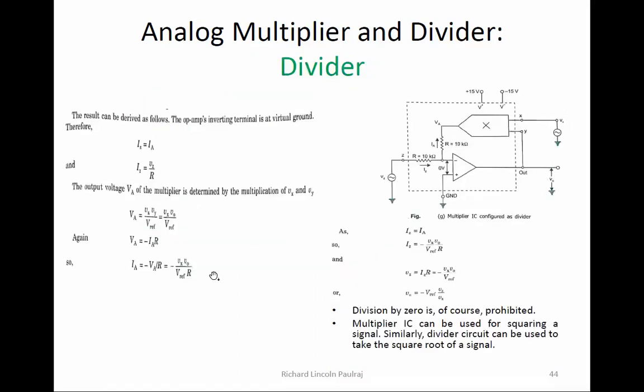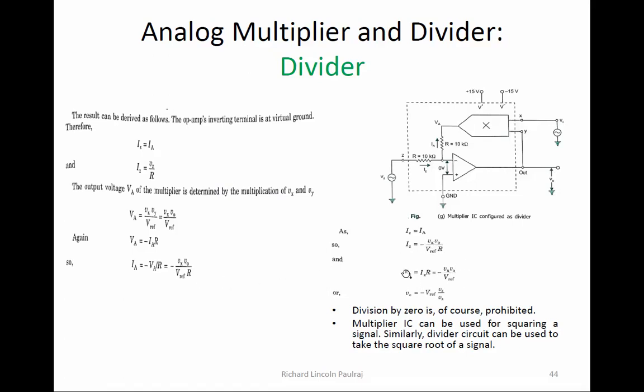You can see that there's a multiplying factor also here, V0 Vx, and it is divided by reference also. So there's a divider that is happening. So as Iz is equal to Ia, I'm just going to substitute it. Okay. So instead of Ia, I will put Iz is equal to minus Vx V0 by V reference R.